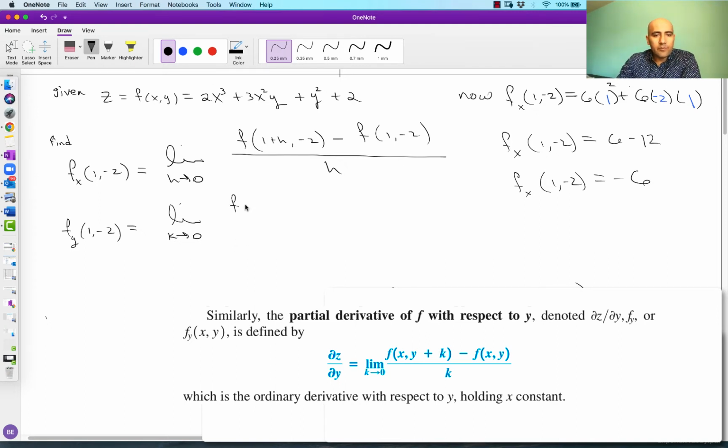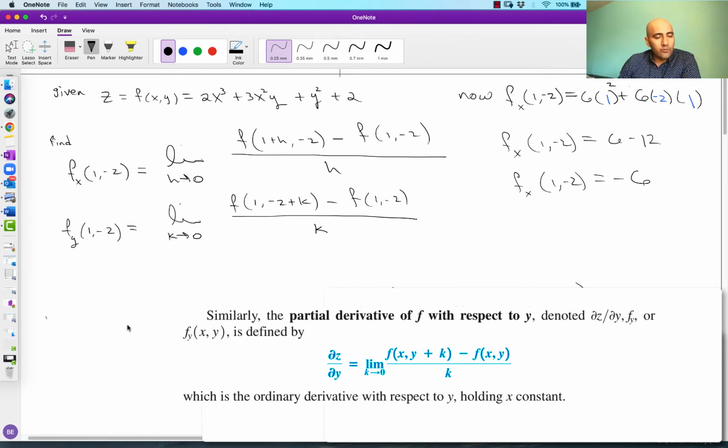And so this time it would be f of 1 comma negative 2 plus k minus f of 1 comma negative 2, all over k. As k goes to 0, notice that the 1 is now constant, and negative 2 plus k becomes the new input value as k approaches 0. And then we have our definition of a derivative. Just like before, these aren't fun, so we want to work with our shortcuts.